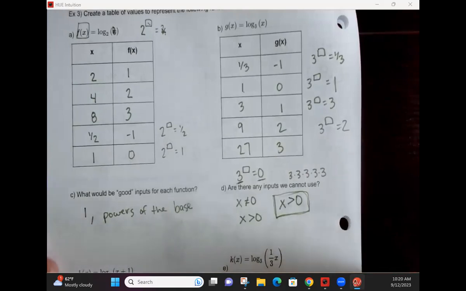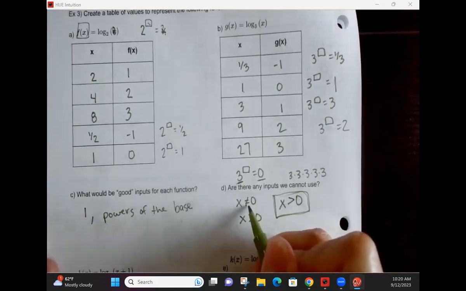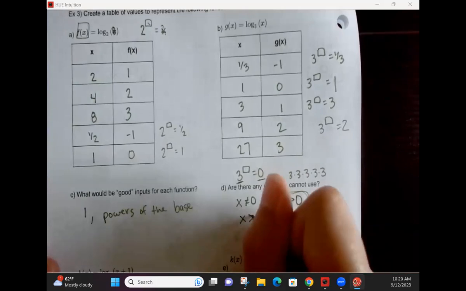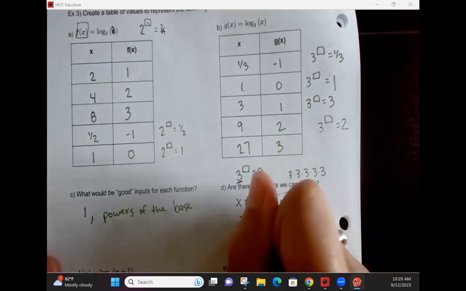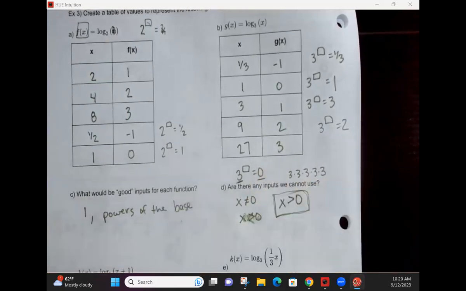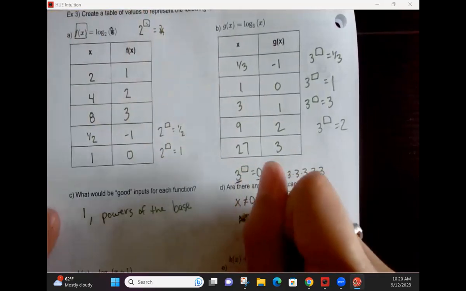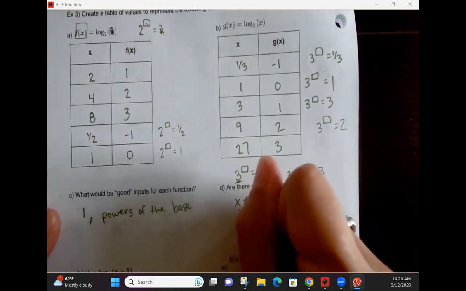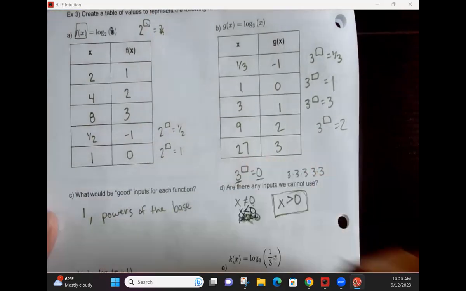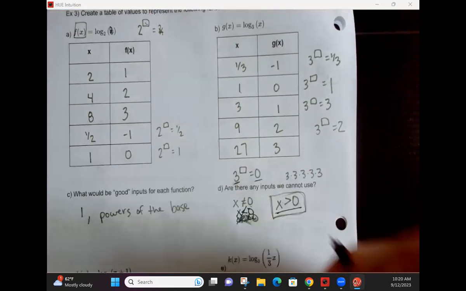X cannot be 0. It also cannot be less than 0. It has to be greater than 0.